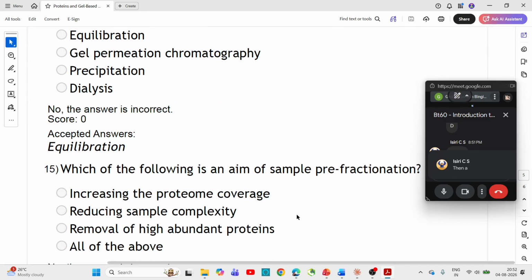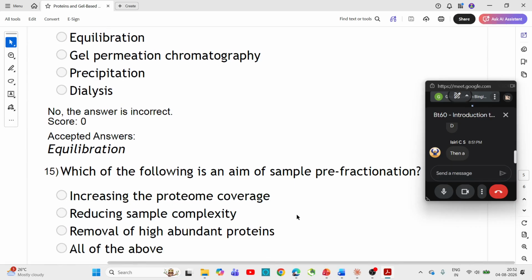Which of the following is the aim of pre-fractionation?